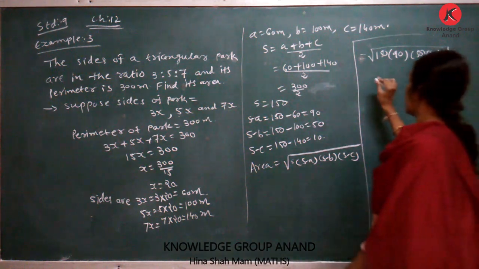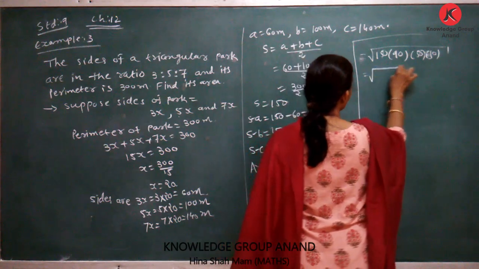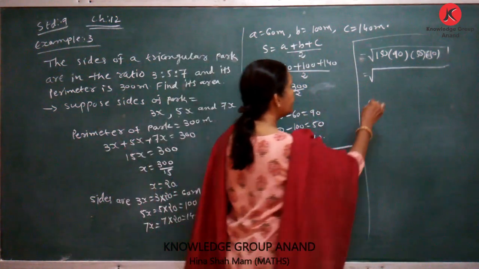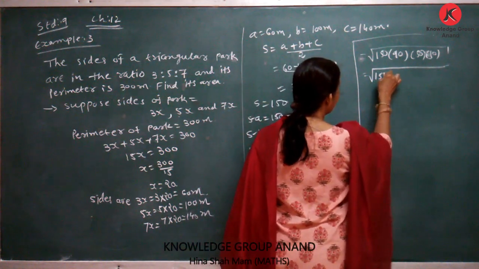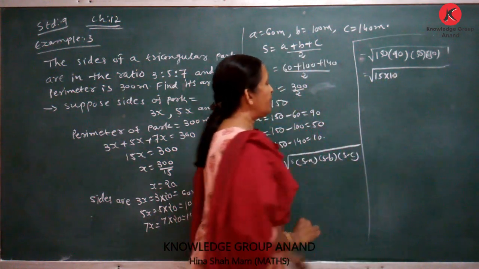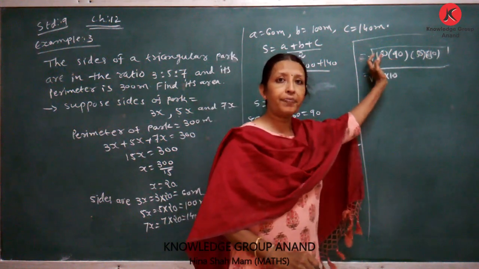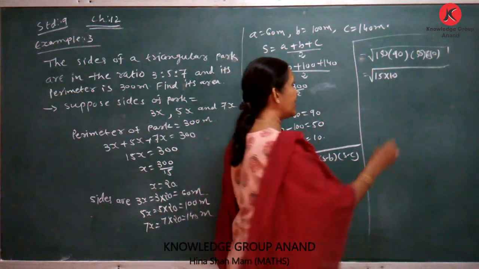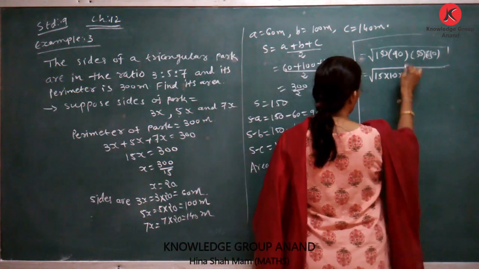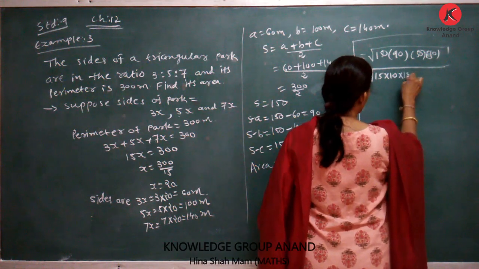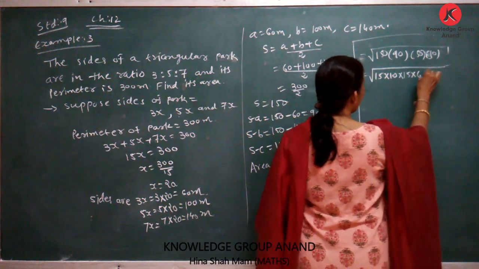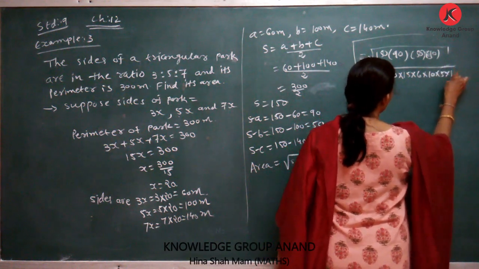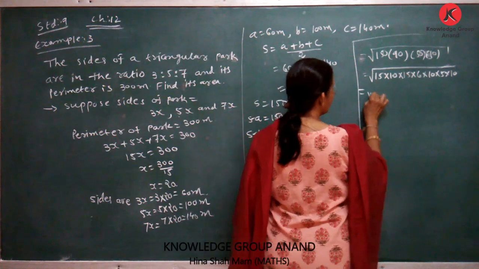Now factorize. 150 is 50 threes are 150. Because here 90 is a multiple of 50, we take it as a square. Square of 50, we give 90, that means 50. 6 5s are 30, and here 10.